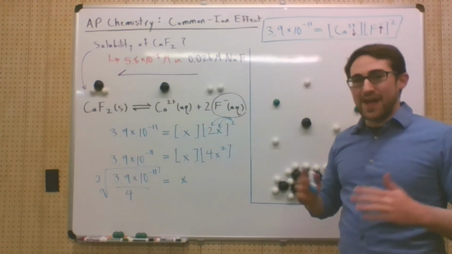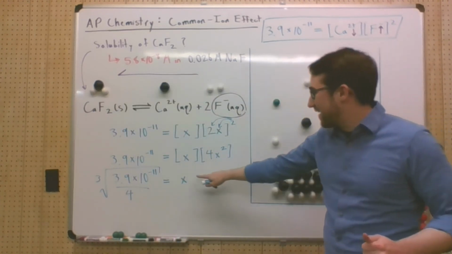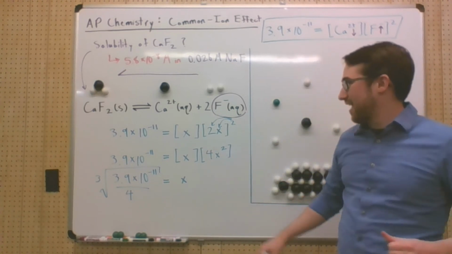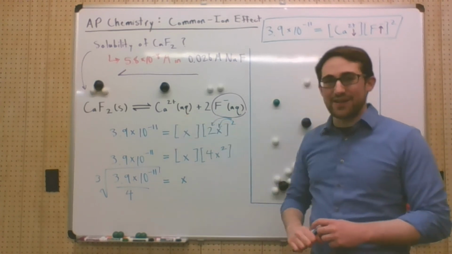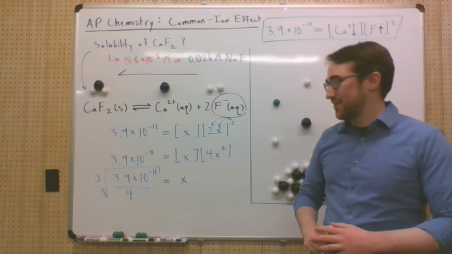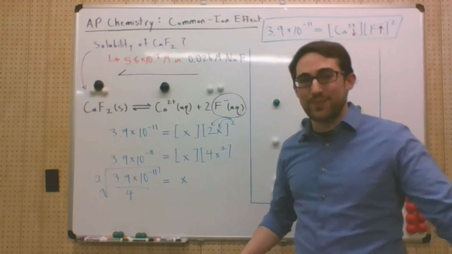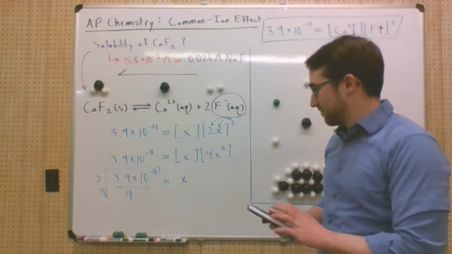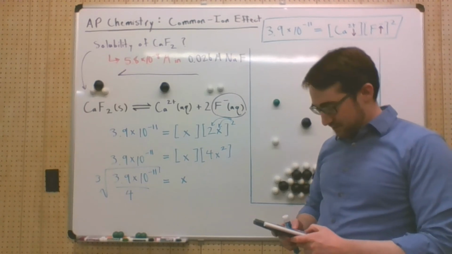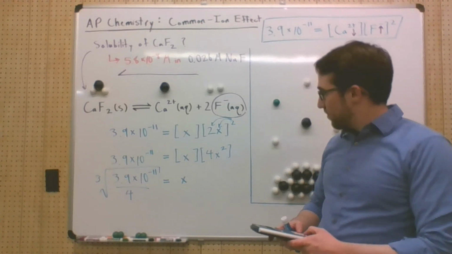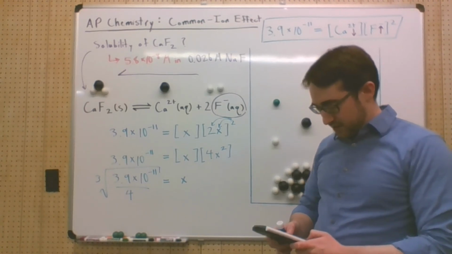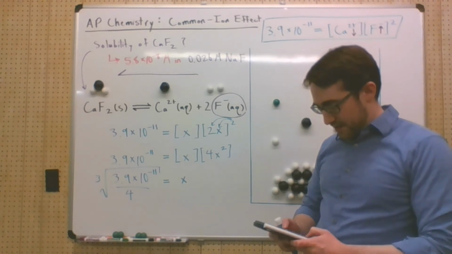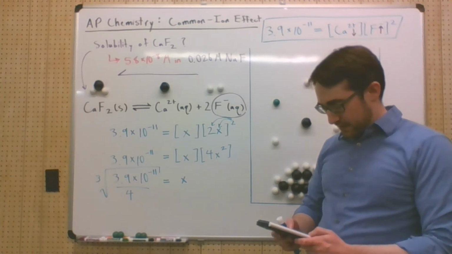Now, because our x stands for our calcium 2 plus concentration, this should work pretty fast once we've got this math sorted out. So let's punch this in. 3.9 times 10 to the negative 11th divided by 4.